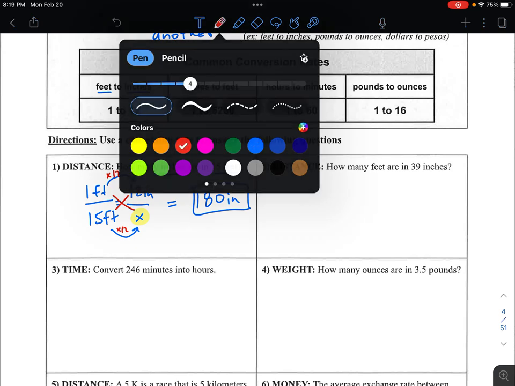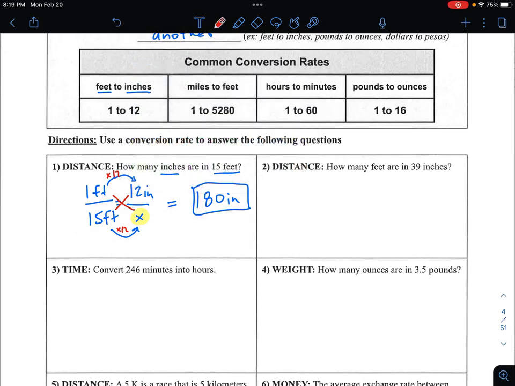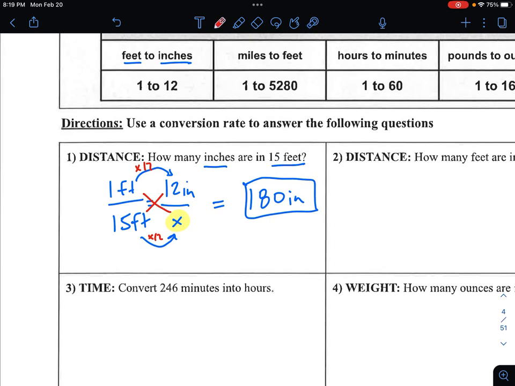Just so you know, I'm going to set up on this area right here. You could have also set it up this way, just in case you were thinking, oh, well, 1 foot is 12 inches, so 15 feet is how many inches?